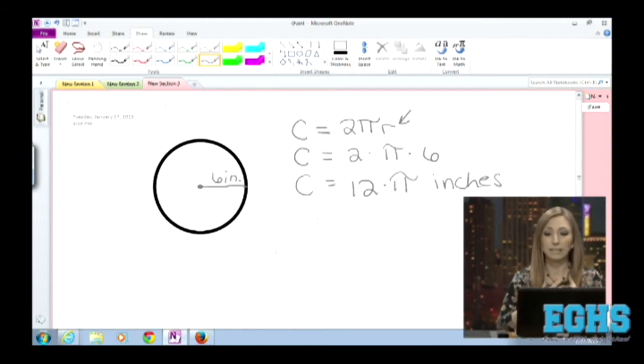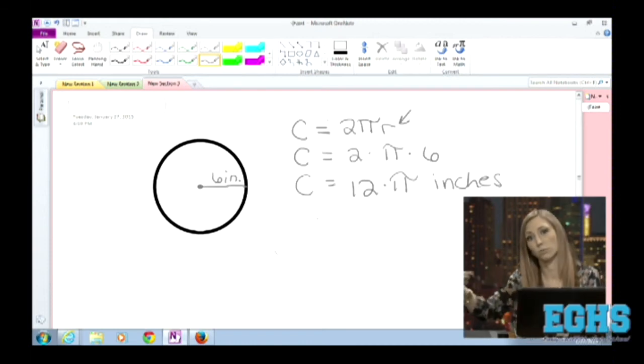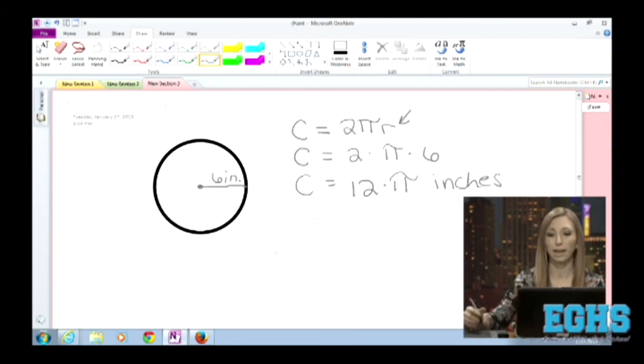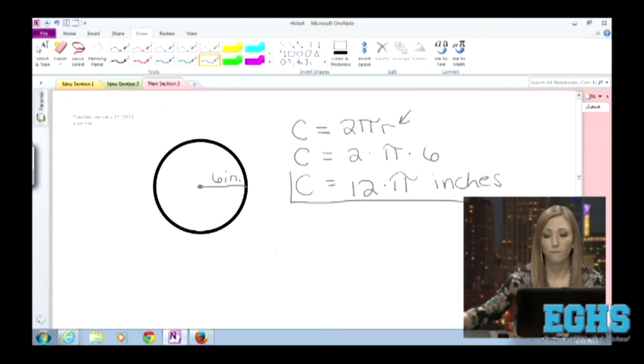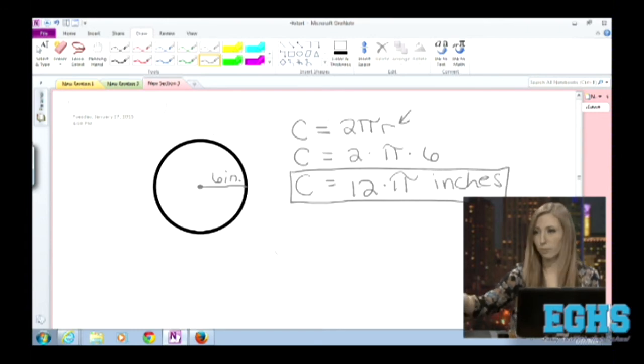Personally, I like to leave it as pi rather than estimate and round it to 3.14 and multiply, because the answer is more accurate than if you were to round pi. So ask your teacher to see what format they prefer. However, if you were one of my students, this would be just fine with me.